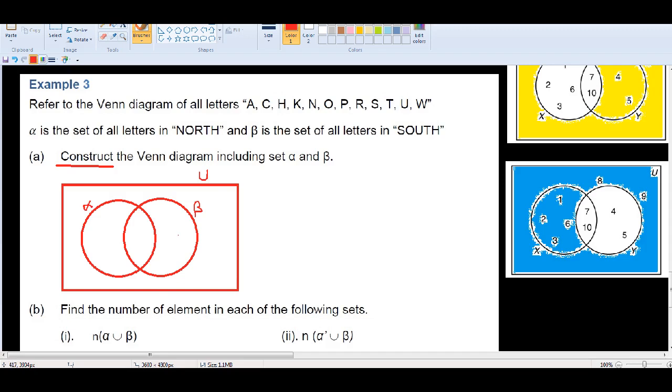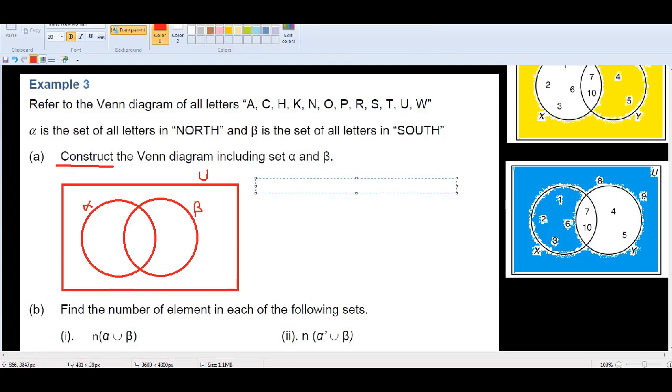So how should we fill in the Venn diagram? Here's the key. Always fill the intersection part first, if there is one.